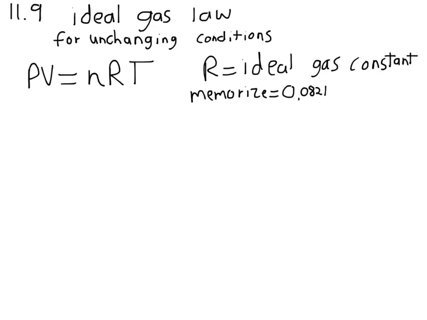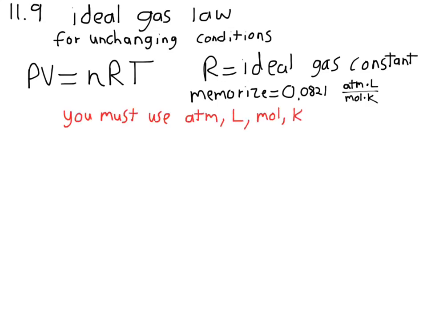So the units of R, I told students, is what you put on your cereal in the morning, which is atom, ol, molk. So atmospheres, liters, moles, Kelvin are the units of R. Because R has those units, you must always use atmospheres, liters, moles, and Kelvin when you use the ideal gas law.